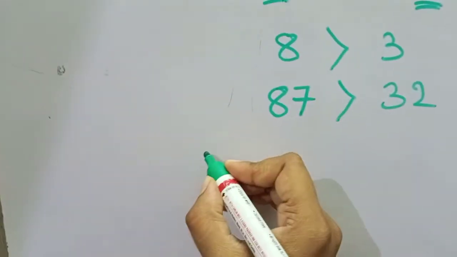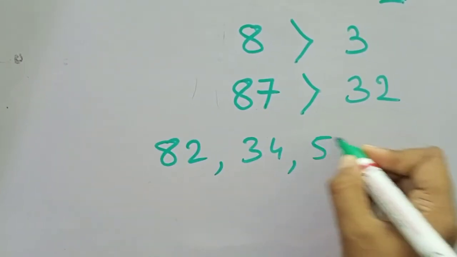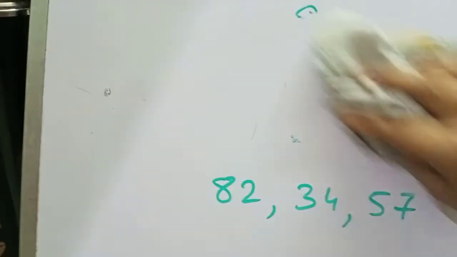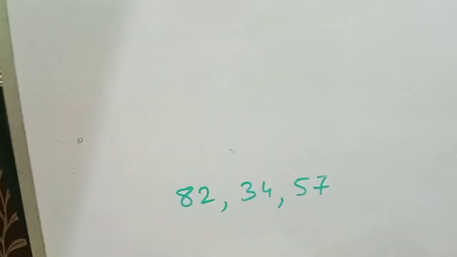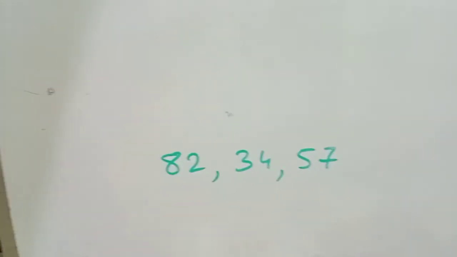Now ascending and descending order. Children, like 82, 34, 57. Suppose these 3 numbers are given. Now we have to arrange them in ascending order.